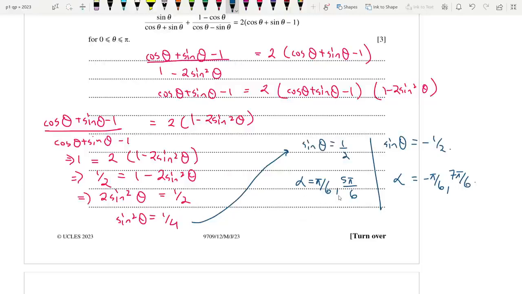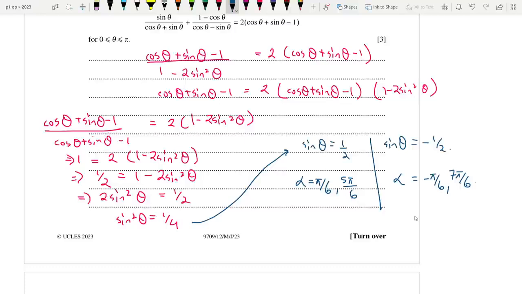So which ones are in our domain from 0 to pi? Only this one on the left hand side, pi by 6 and 5 pi by 6. And on the other hand, minus pi by 6 and 7 pi by 6 aren't actually in the domain.